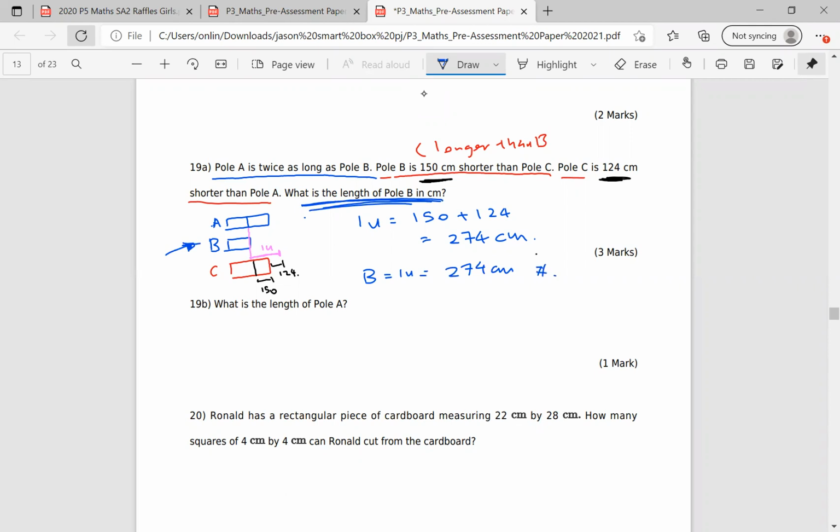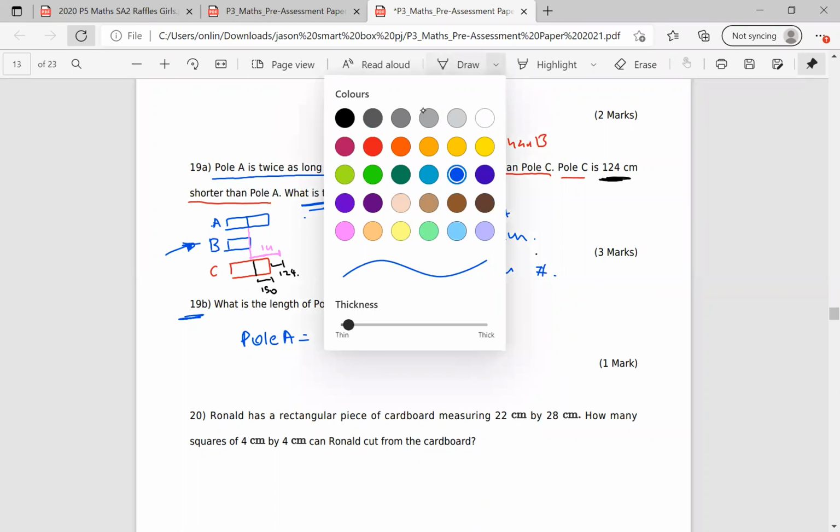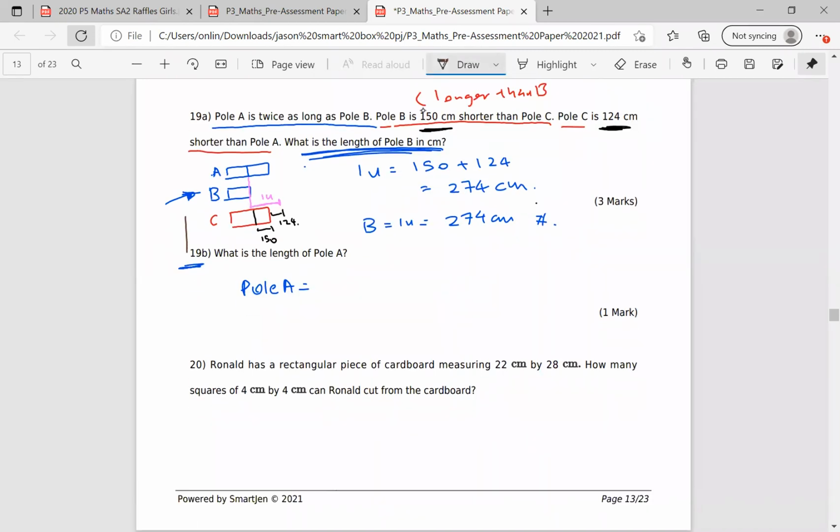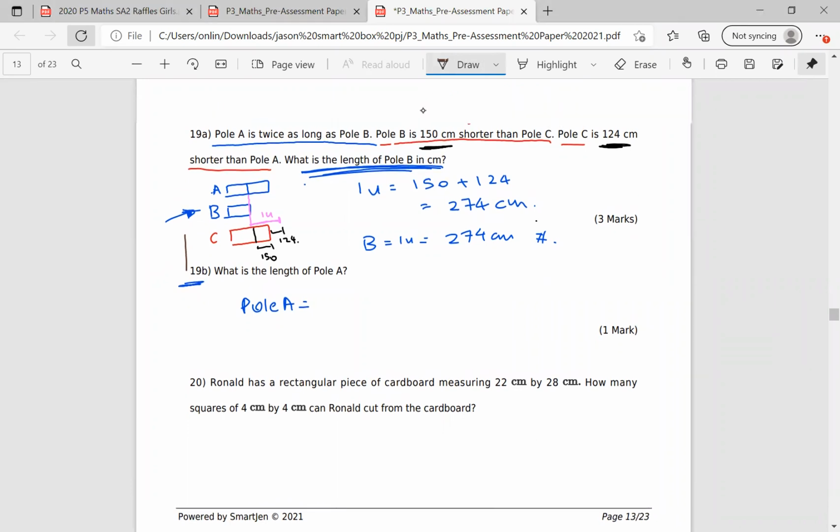Whereas for 19B, it will be quite easy, because they're asking for pole A now. With 1 unit, we can definitely find everything that we need if we are careful enough. When I look at my model here, pole A is equal to this part.